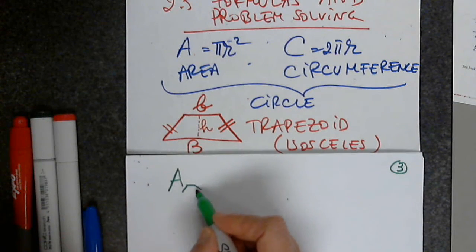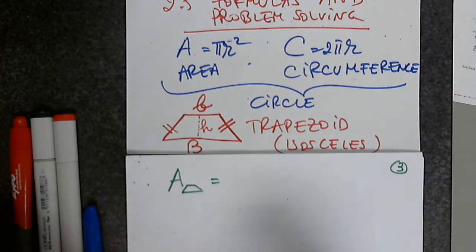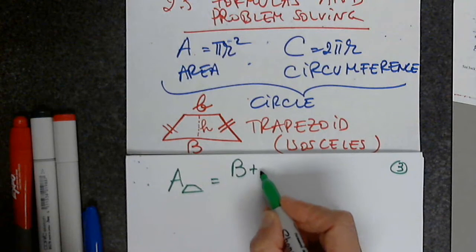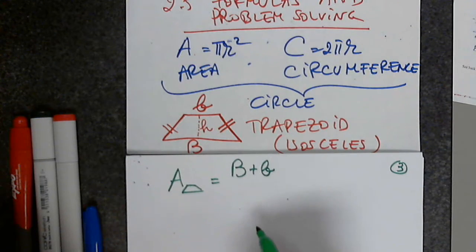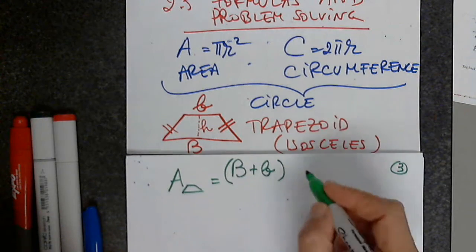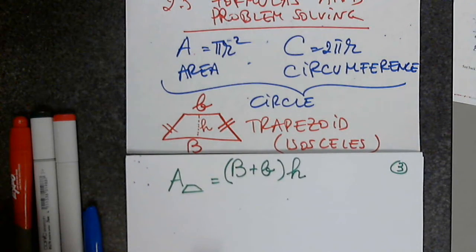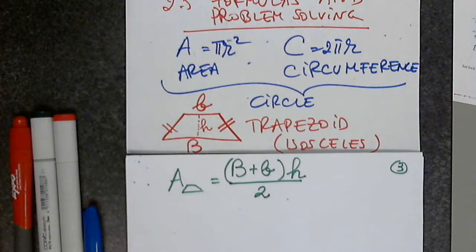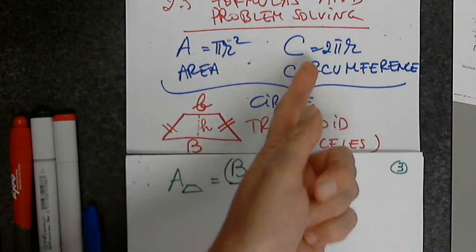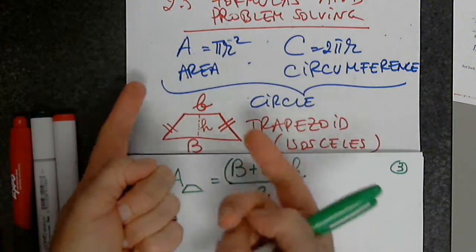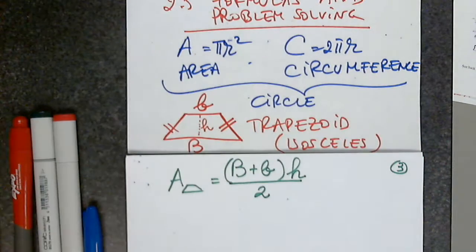The area of a trapezoid is the length of the big base plus the length of the small base, all of this in parentheses, multiplied by the height and divided by 2. Now, in comparison to the area and the circumference of the circle, where we saw an equation or a model with two variables, how many variables do we see in the area of a trapezoid?